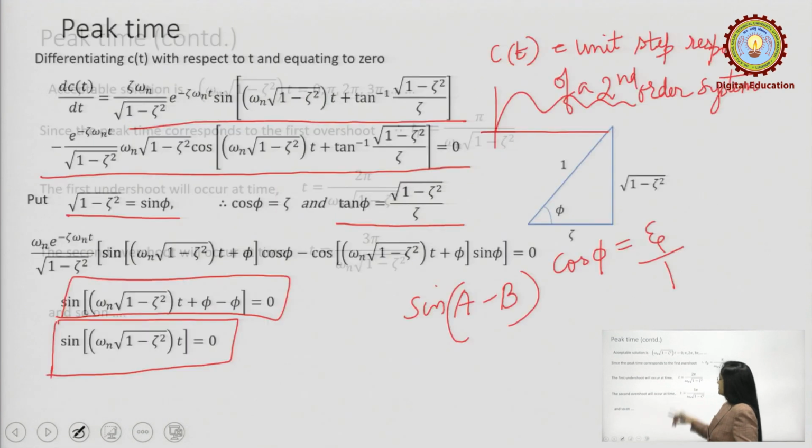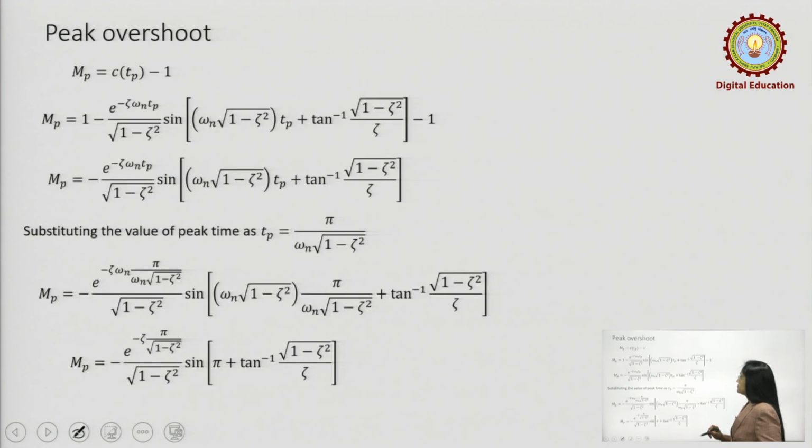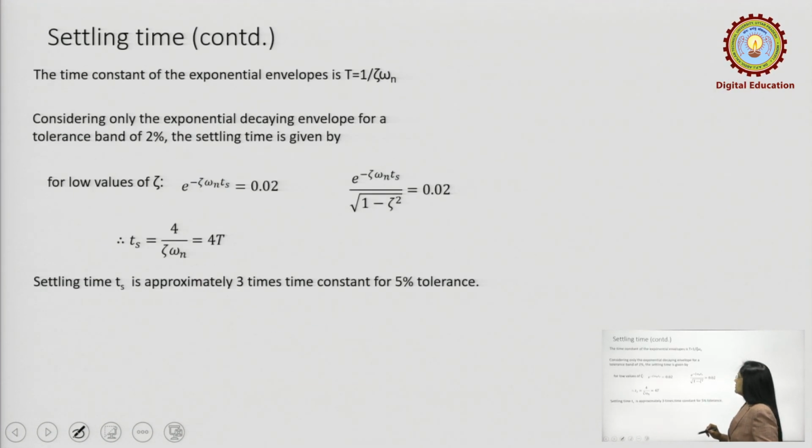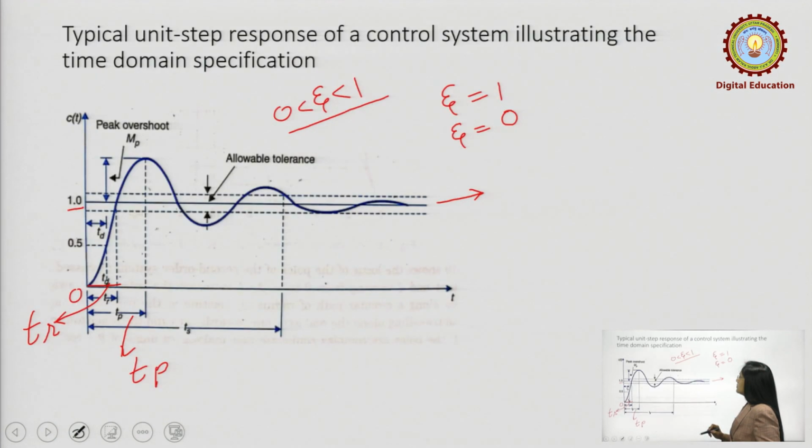So, what is the acceptable solution for this? As we had seen, the response has the first overshoot, and that is the maximum value. There is undershoot also. This is the first overshoot, then we have one undershoot, then there is overshoot, then an undershoot, and again an overshoot.